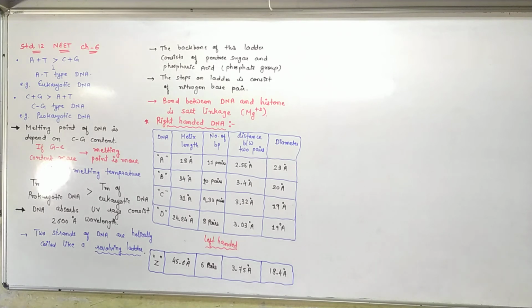And what do we mean by a palindromic strand? Palindromic chain: both the strands read the same in opposite directions.